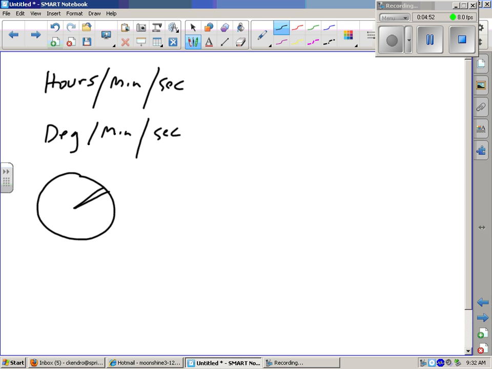If I could draw 1 degree, it'd be very small. A minute is 1/60th of a degree. So if you think about taking that little sliver and dividing it into 60 pieces, one of those is a minute. And if you take one of those 60 pieces and divide it by 60, 1/60th of a minute is a second.